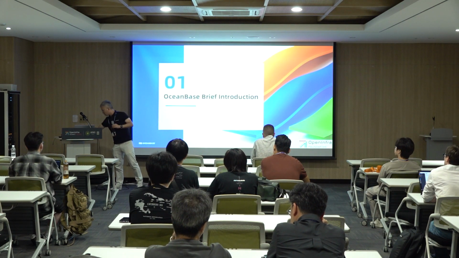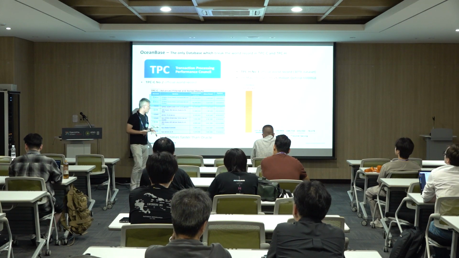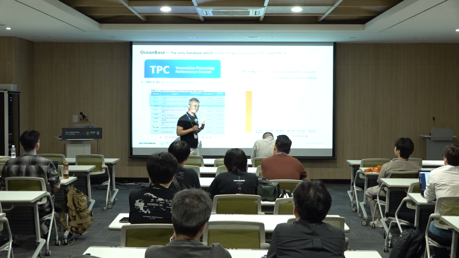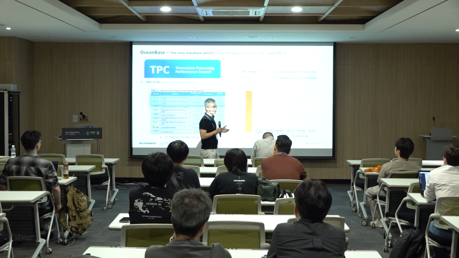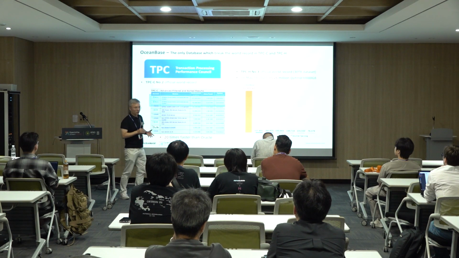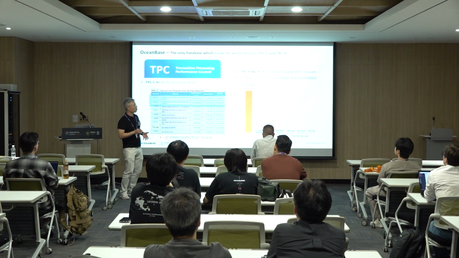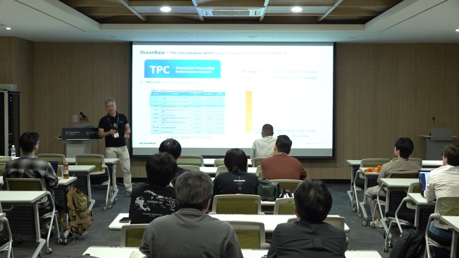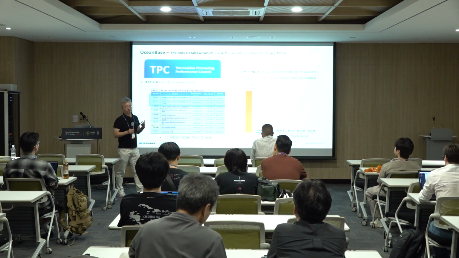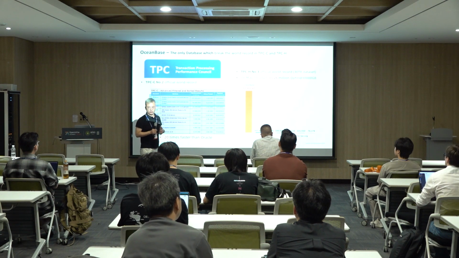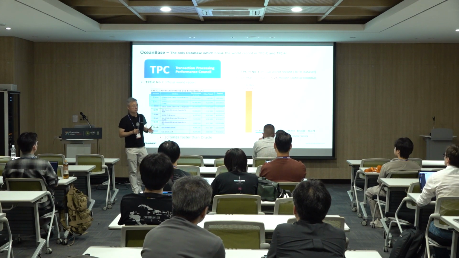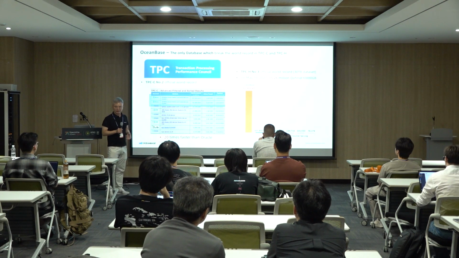The first part, OceanBase brief introduction. In the morning, in the demo show, I gave a brief introduction about OceanBase. You know, OceanBase is the only database which broke the world record in TPCC and TPC-H. In 2020, OceanBase achieved 707 million tpmC in the TPCC benchmark.